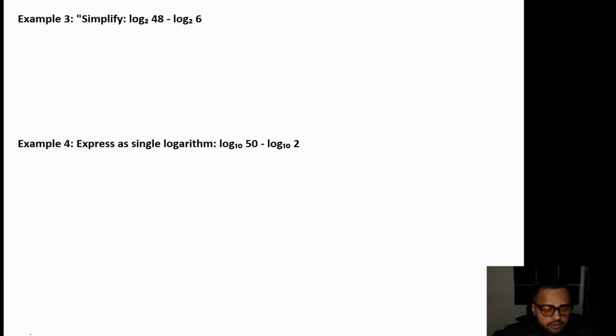I have taken certain examples on this also. For example, log of 48 base 2 minus log of 6 base 2. According to the quotient law, the solution will be log of 48 divided by 6, and the base will be 2.